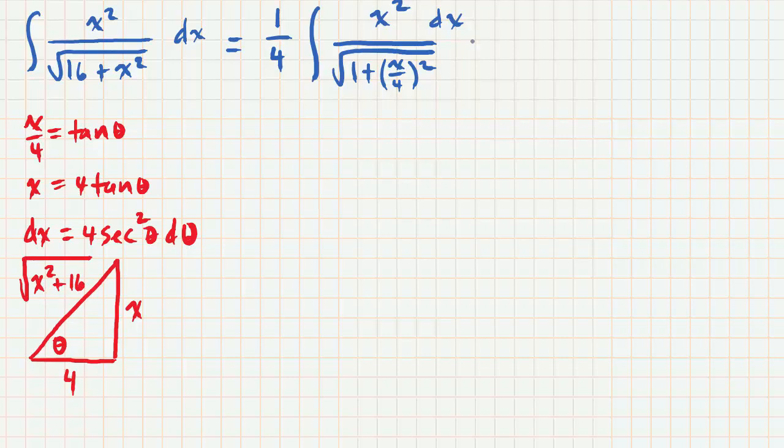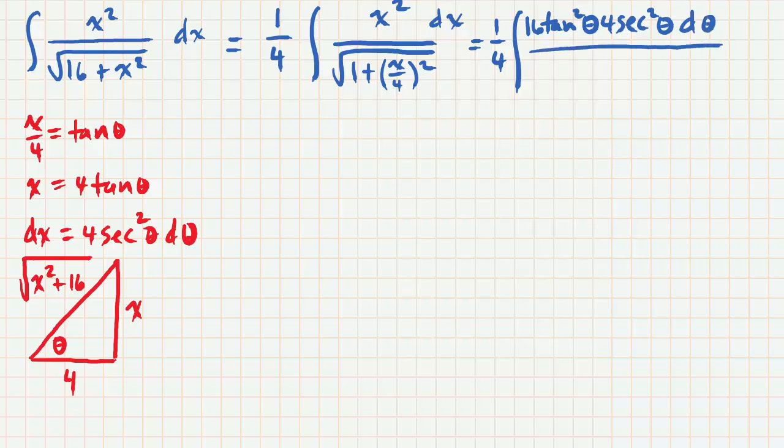Jumping back over to the integral, we have 1/4 integral, x squared is going to be 16 tangent squared of theta. dx is 4 secant squared of theta. And in the denominator, we have the square root of 1 plus tangent squared, which is secant squared of theta.